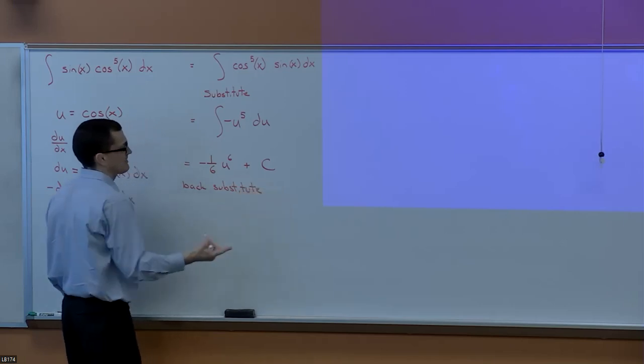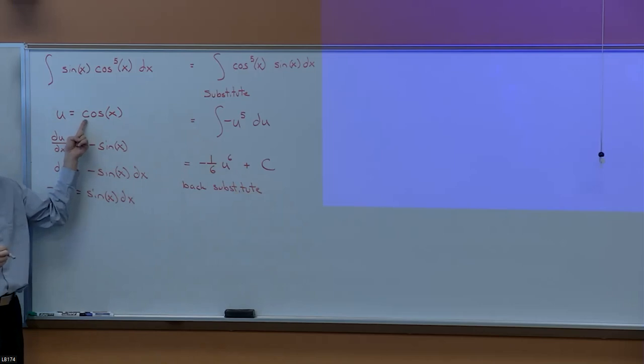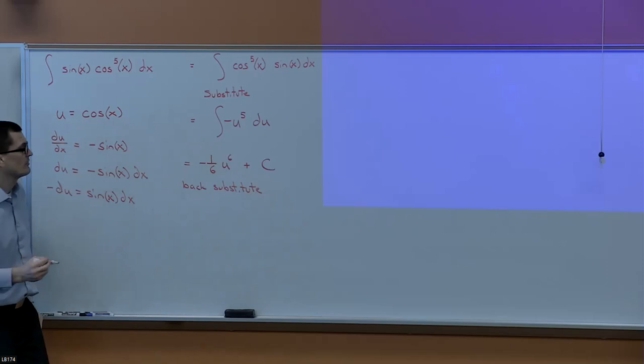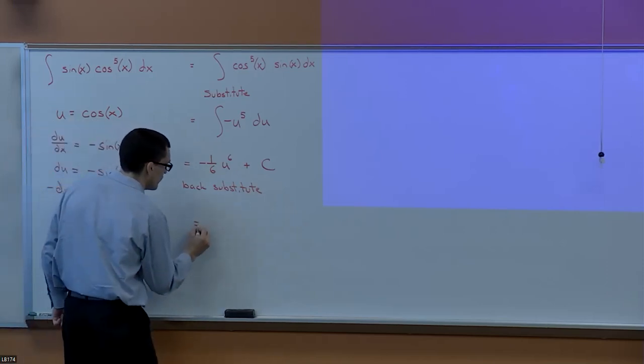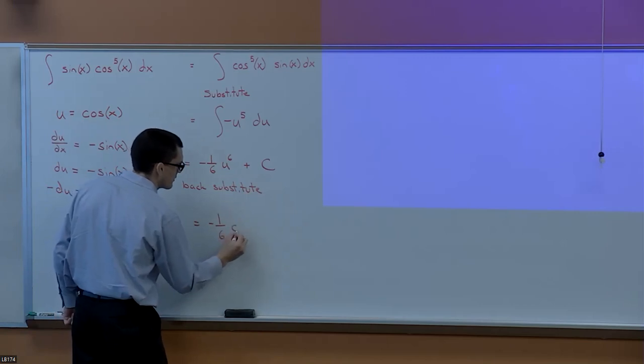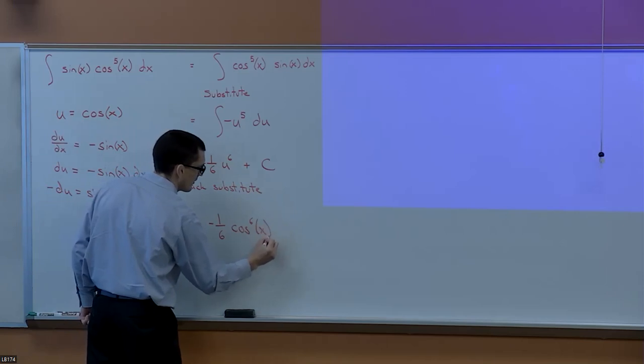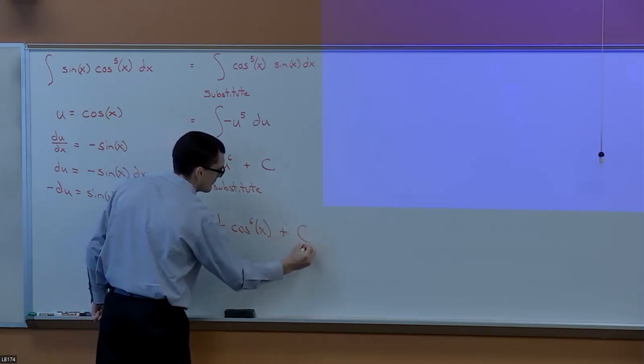And now we can back substitute, u was cosine. So that is negative 1/6 cosine to the 6th plus c.